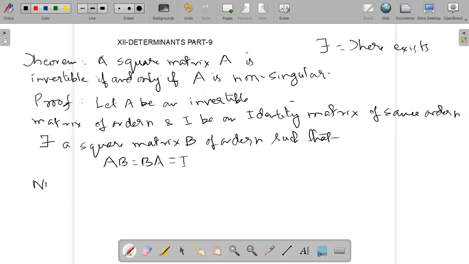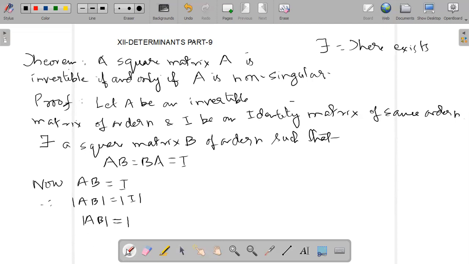Now we take AB = I, and therefore determinant of AB is equal to determinant of matrix I. So the determinant of the unit matrix is equal to 1. Okay.